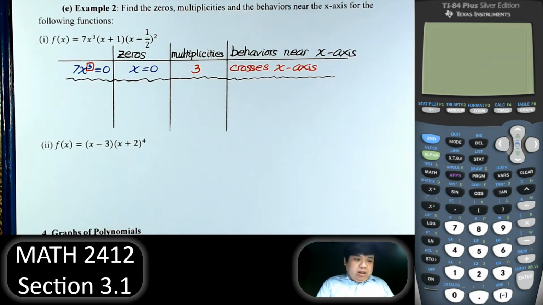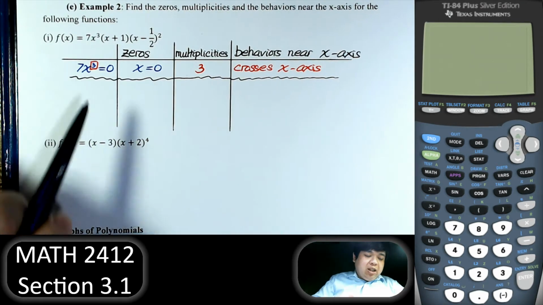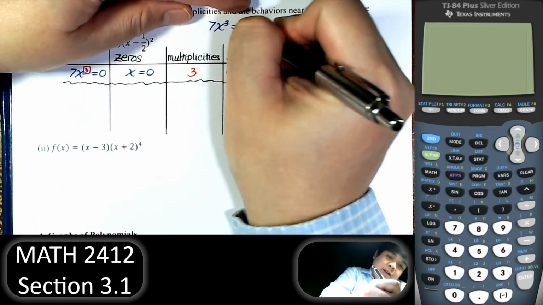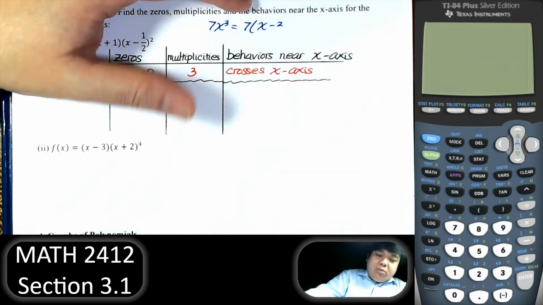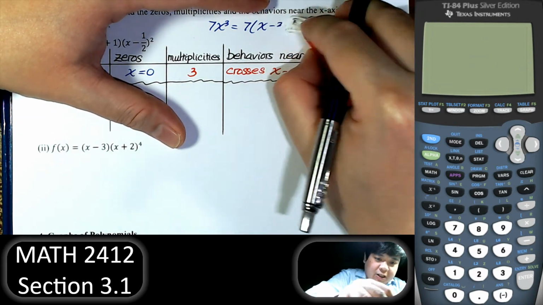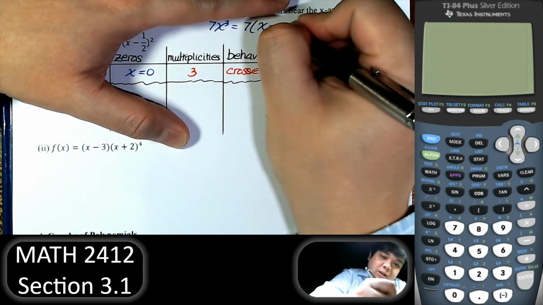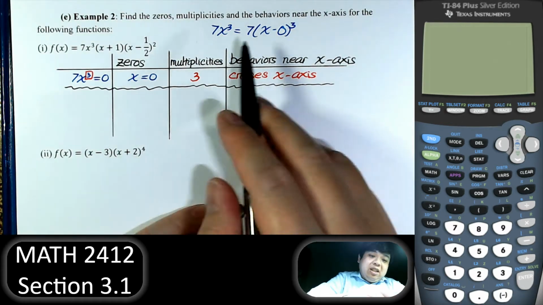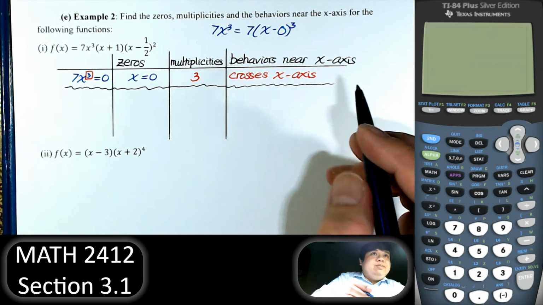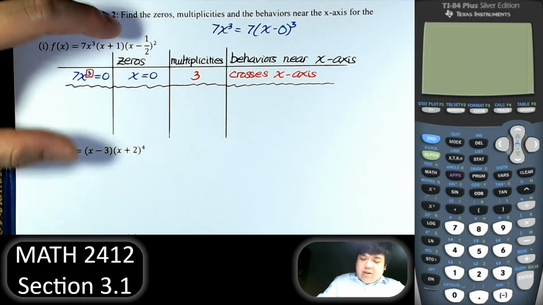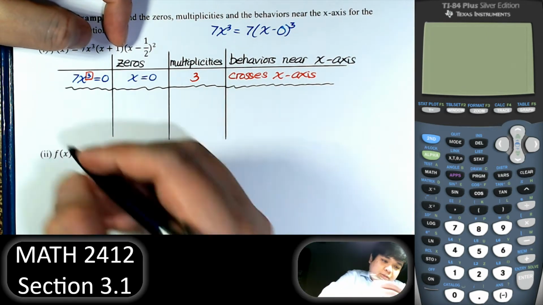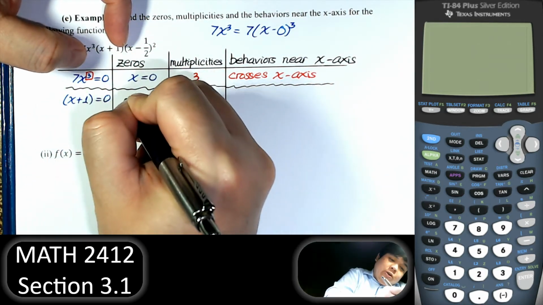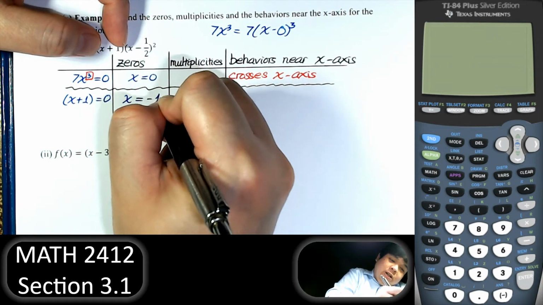Zeros and the multiplicity. The 7x cubed we can rewrite as 7 times (x minus 0) cubed. So in that case, 0 is a zero. Right. Next, we can let the factor x plus 1 equal to 0, then the zero is negative 1.